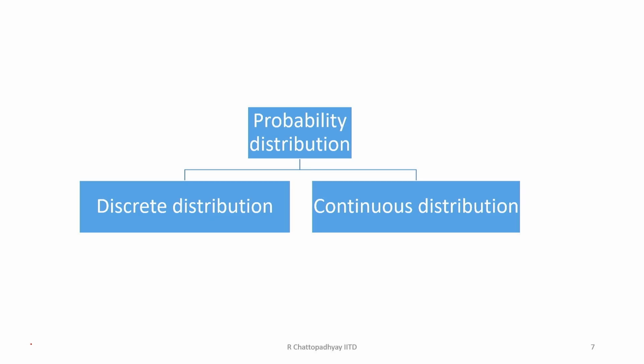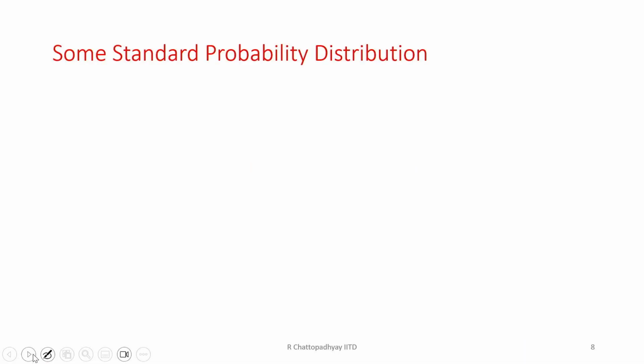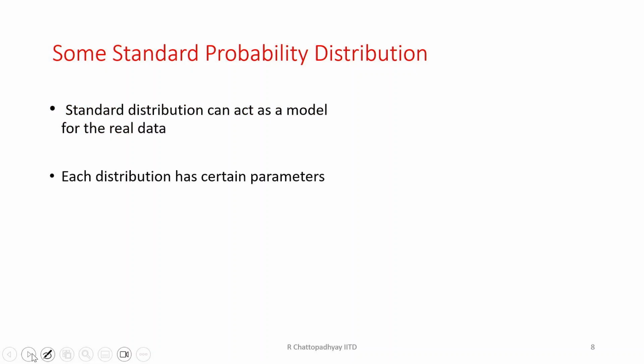So if you look at the probability distribution now, there are two types of distribution. One is called discrete distribution and the other one is continuous distribution. Some standard probability distributions. Standard distributions can act as a model for the real data, so we're going to learn some standard ones only.